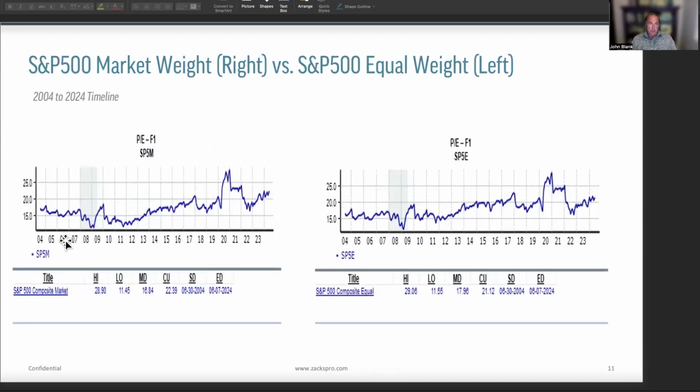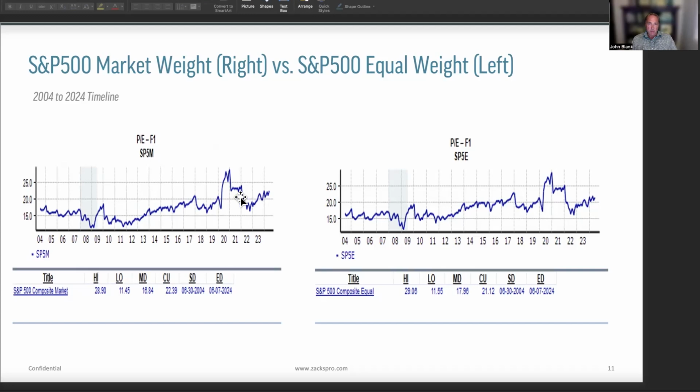Middle, market weight here and equal weight over here. So this is the equal weight, and this will carry up with the mega cap story because it's market weight. Market weight will capture that. And of course, you can see this is currently at 22.4, and the equal weight is at 21. So one way to look at this is that it's basically driven by this or this, and the valuations are going up for both.